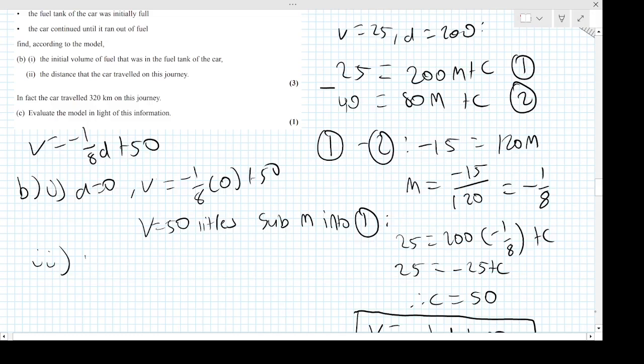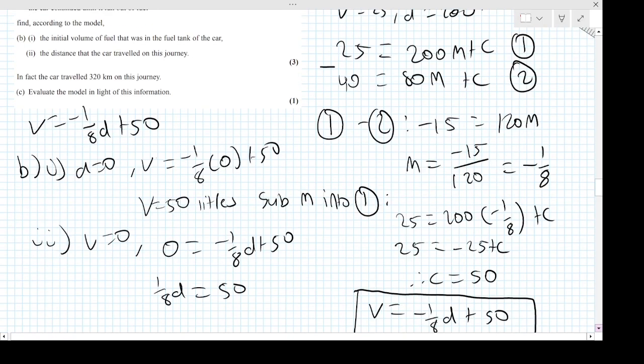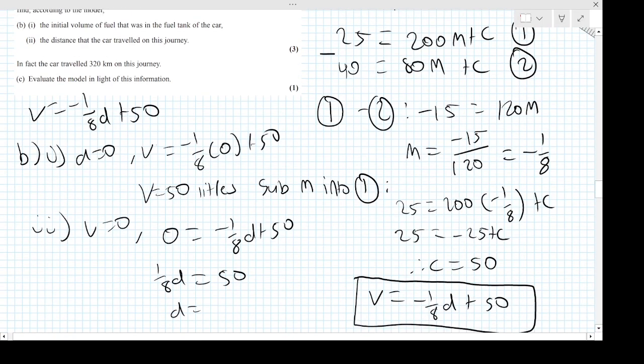So that means v is 0 corresponds to the distance it travelled, right? So let's substitute v is 0 into it. So that means 0 is minus an eighth d plus 50 by substituting 0 into the equation. Therefore, an eighth d, if I rearrange, is 50. So that means d is 50 times 8, to then get 400 kilometres. There we are. Cool.